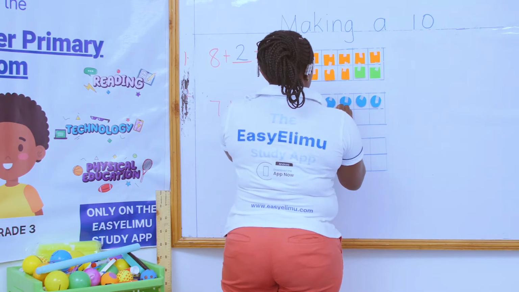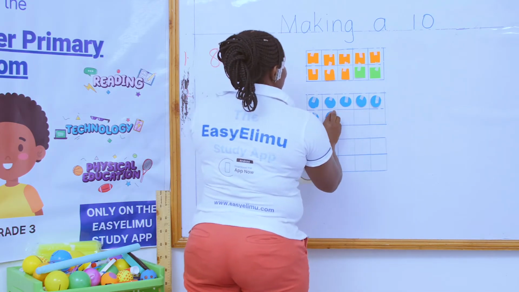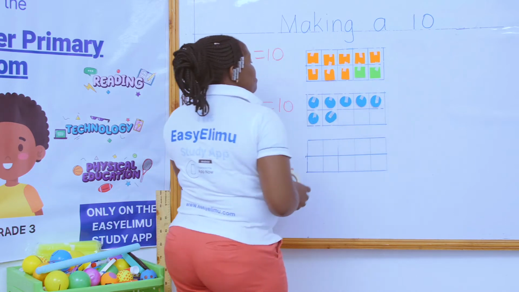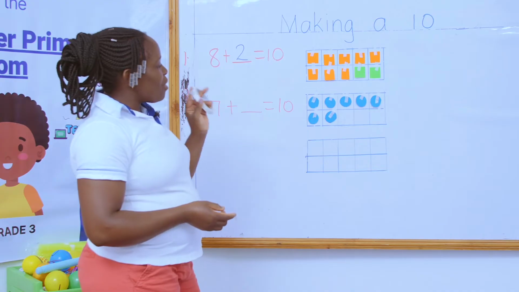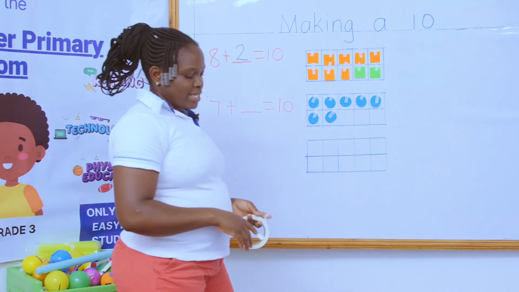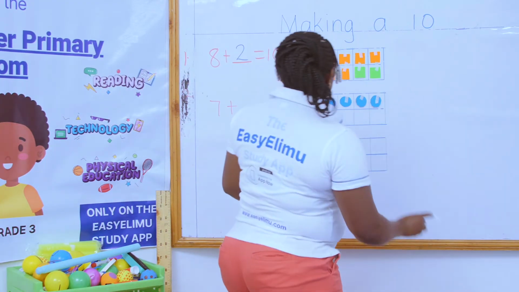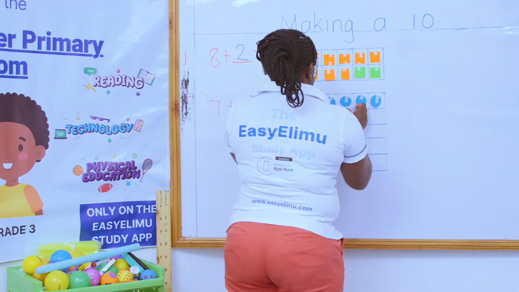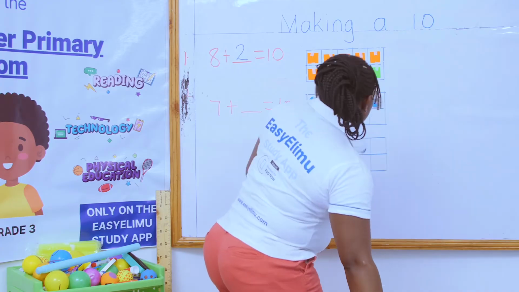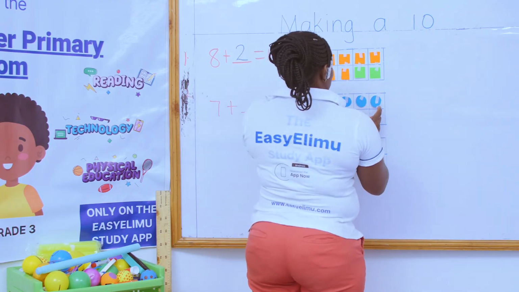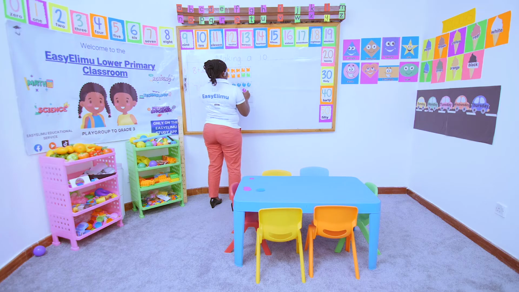I have 7 counters. But remember, this is a 10 frame, which means I must have 10 counters. So I'll ask myself, how many more counters do I need to make a 10? I will add my other counters. And when you use a different color, it becomes very easy for you to know the counters that you added to the ones you had.